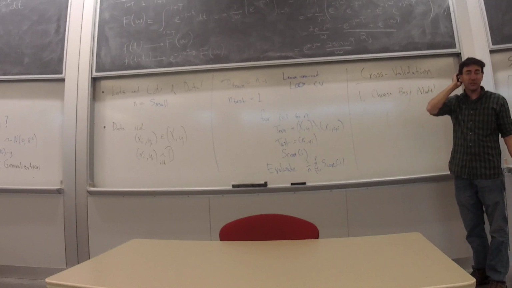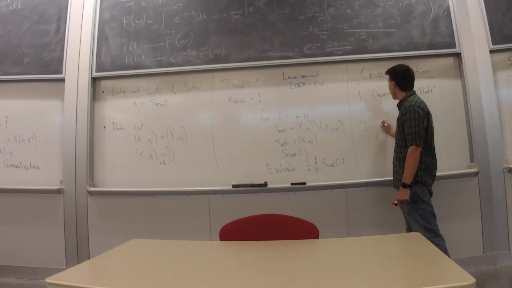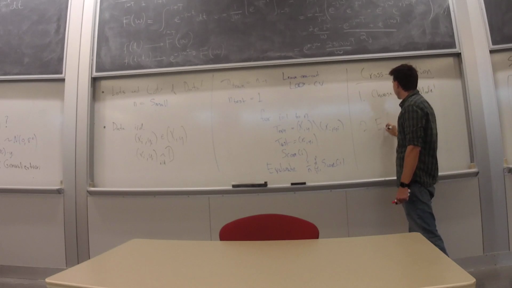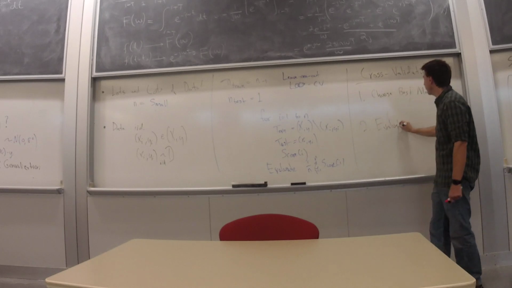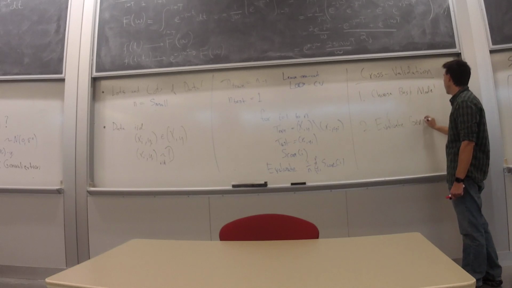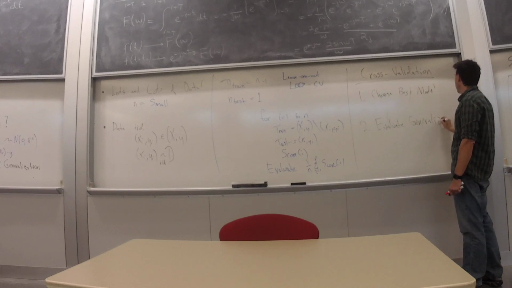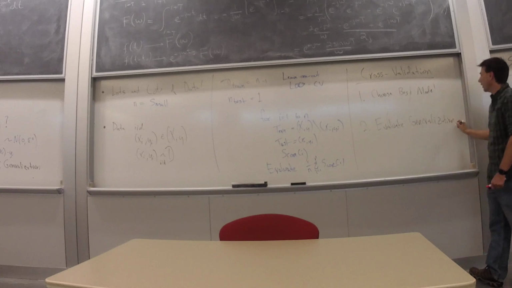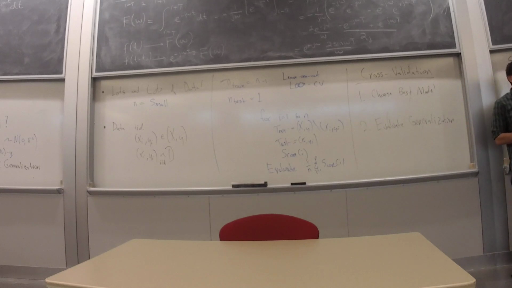I select the P that's the best, right? And the other one is to evaluate the generalization. They say how well we'll do on some new data. Okay, these are separate things.